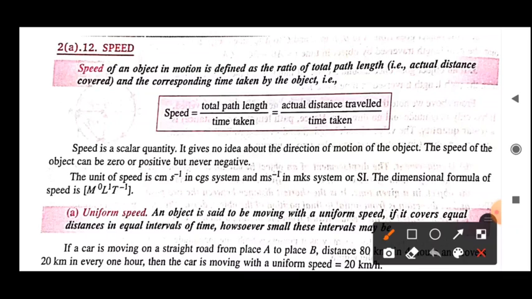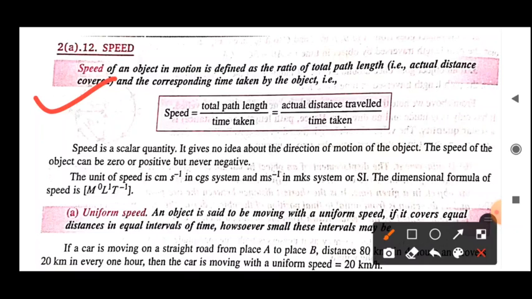You are familiar with this word, familiar with the definition, but still here in some new aspect we will see it also. So first let's see the familiar definition of speed. That is, speed of an object in motion is defined as the ratio of total path length, that is actual distance covered, and the corresponding time taken by the object.